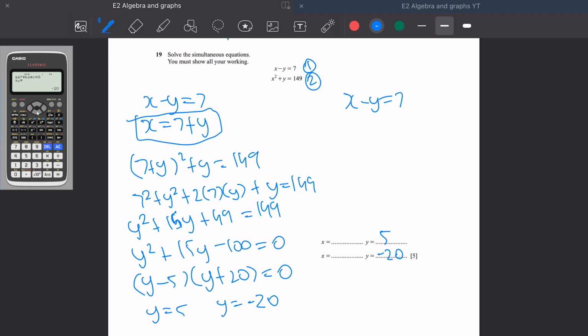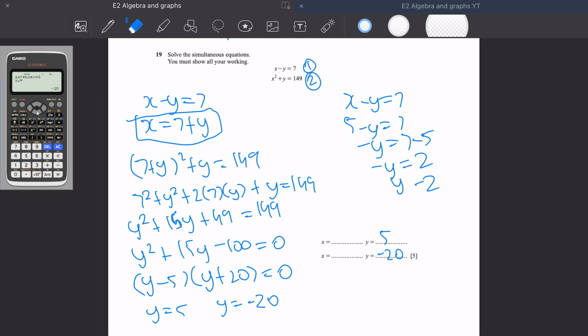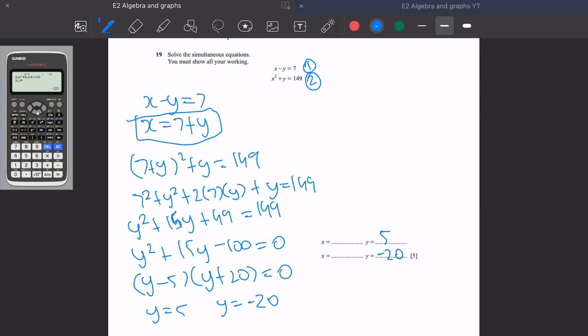X minus y is 7. Wait, sorry, my bad. This should be x minus y is 7, y is 5.